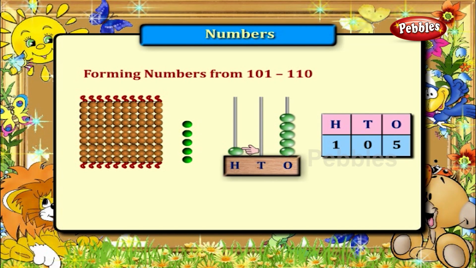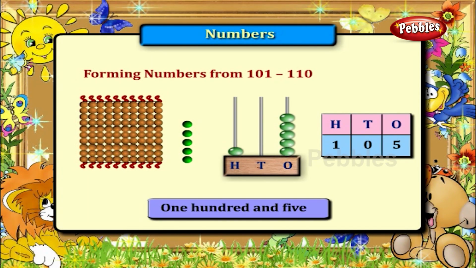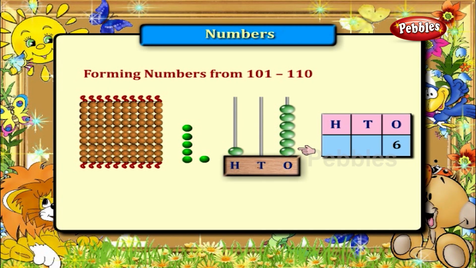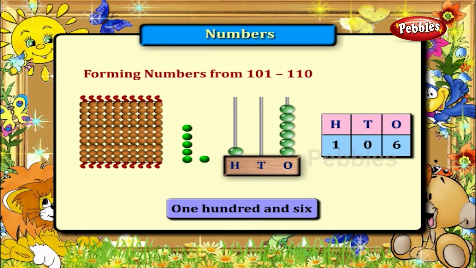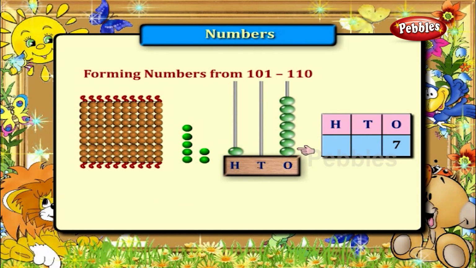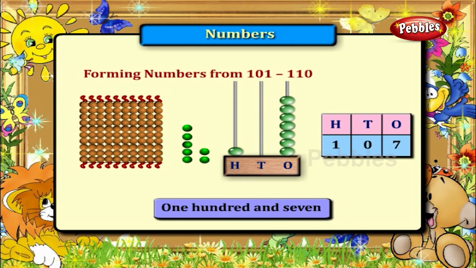This is number 105. We have six beads in the ones place, no beads in the tens place, and one bead in the hundreds place. This is number 106. We have seven beads in the ones place, no beads in the tens place, and one bead in the hundreds place. This is number 107.